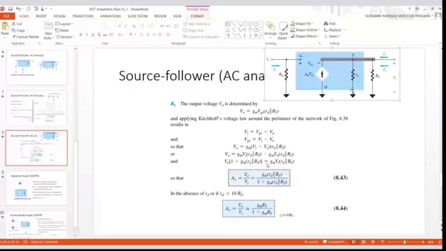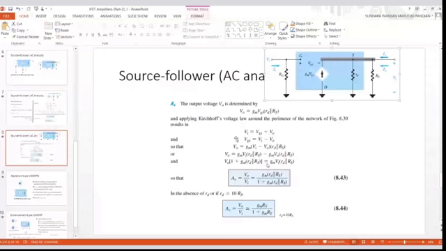That's why V output is equal to GM into VGS, RD parallel with RS. Now we want the input voltage; somehow we want to bring the input voltage into the equation.